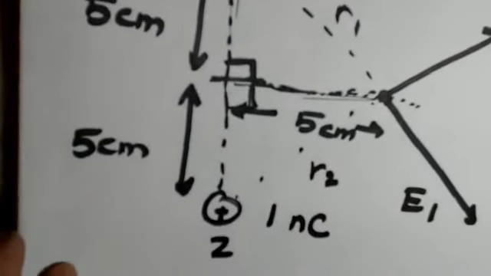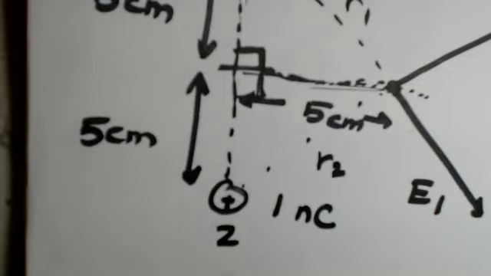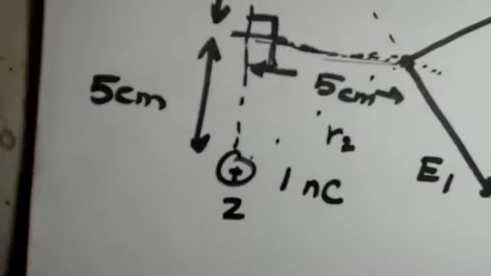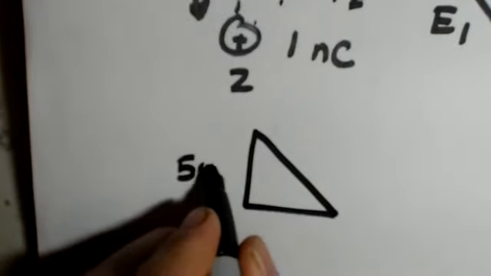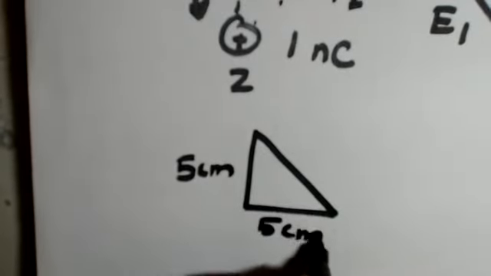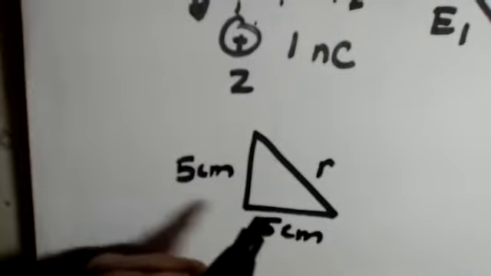Okay. So what I've got for my R1s and R2s is a little triangle that looks like this, where this is 5 centimeters, this is 5 centimeters, and then this is R1 or R2.